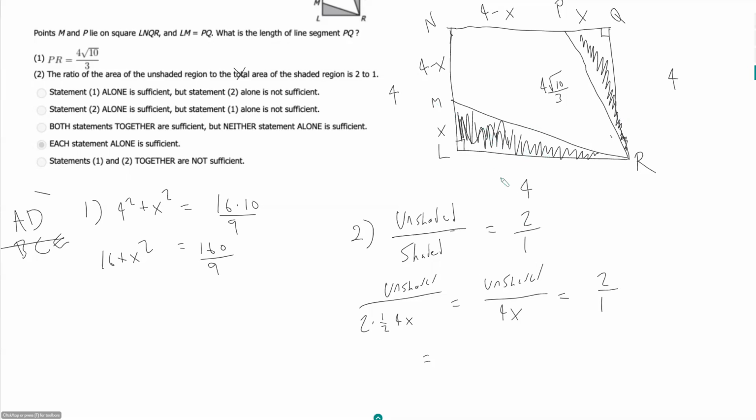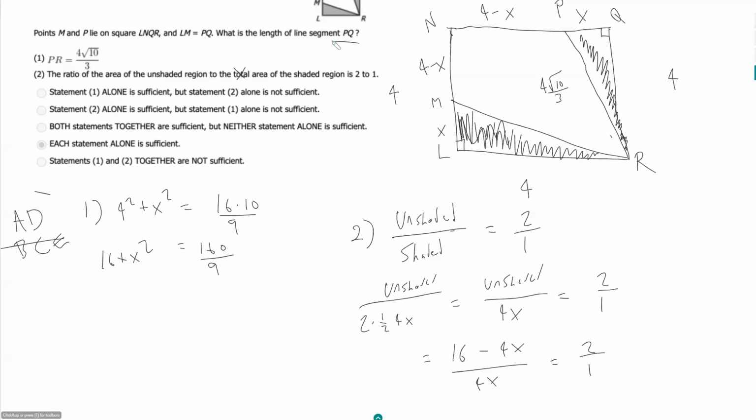So what is the area of my square? That is 16. 16 minus the area of my triangles, which we just said was 4x, all over 4x, should be equal to 2 over 1.